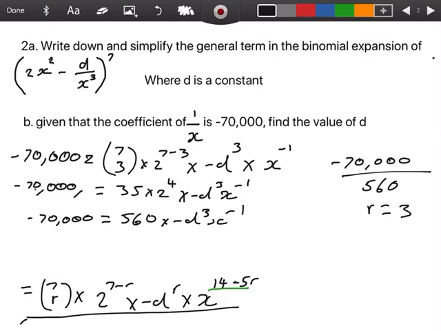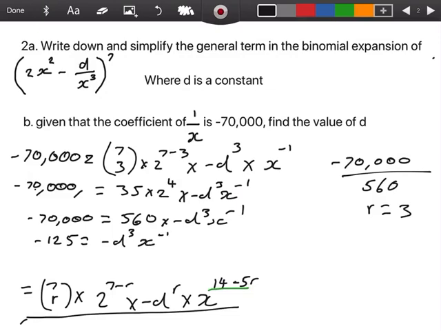This is just a tiny bit more than basic equations. So negative 70,000 divided by 560 equals negative 125, equals negative d cubed x to the negative 1.